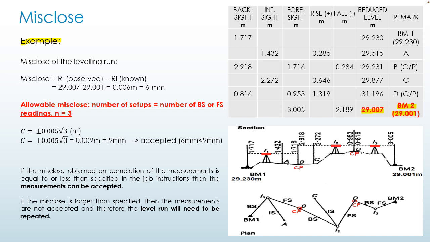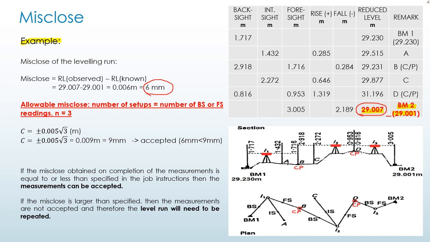So in this case, the difference between the observed and the known value is the observed value minus the known value. This elevation minus 29.001. So that gives you 6 mm.